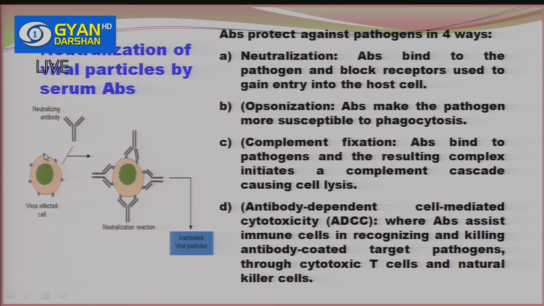Without antibodies this process will not work, like neutralization, opsonization, complement fixation, and ADCC. So there are 4 mechanisms involved in the neutralization of the antigens or viral particle by the serum antibodies.